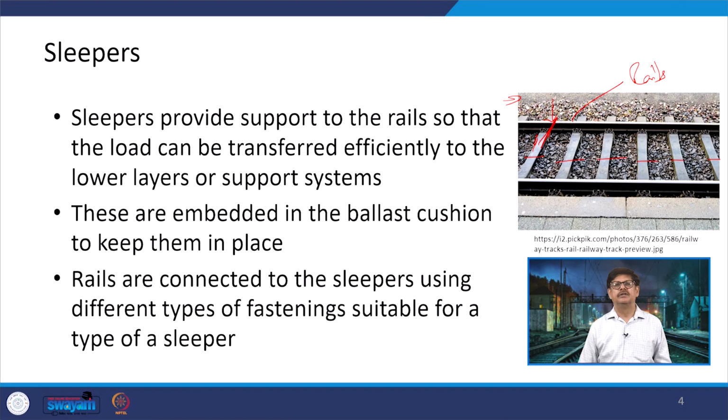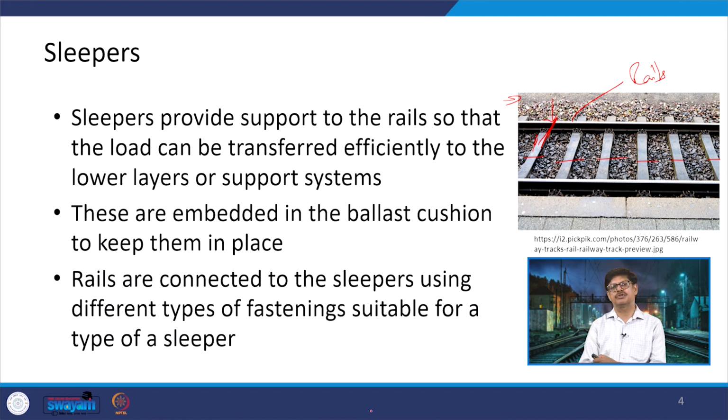That is also an important aspect, and the sleeper along with the ballast together gives some strength to the track. Another thing is the rails are connected to the sleepers using different types of fastenings which are suitable for a type of sleeper. In the old days, you must have seen wooden sleepers used on the railway tracks.